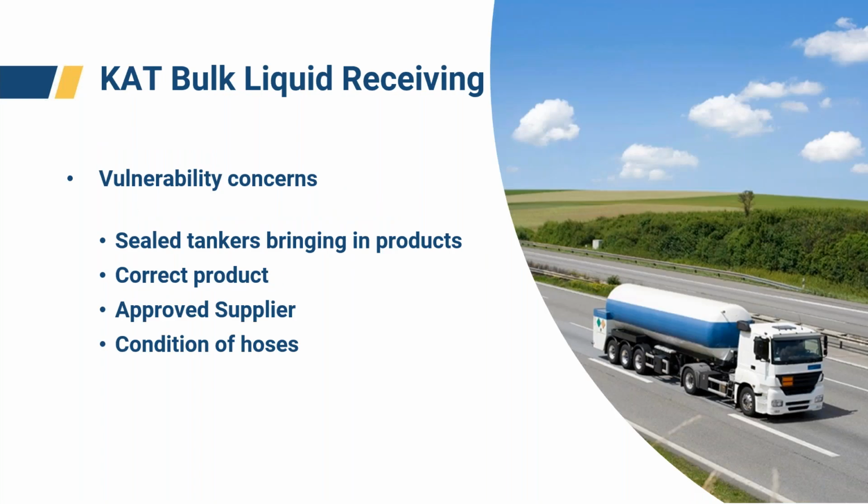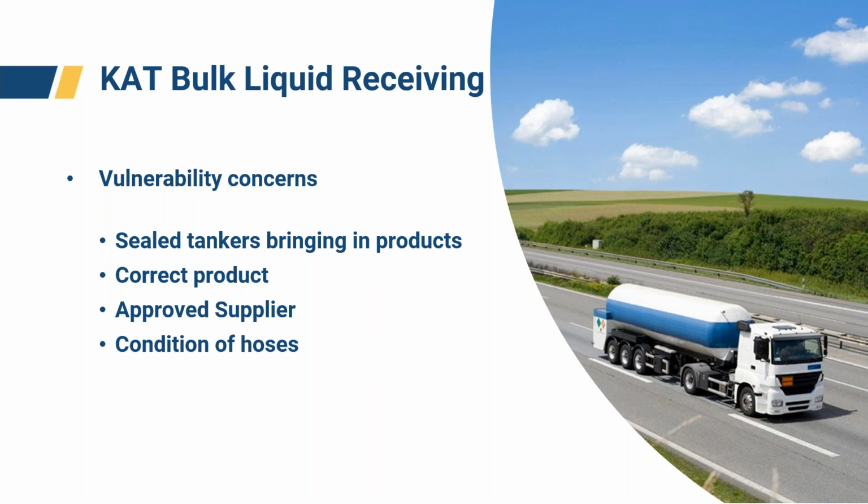Obviously, we're talking about bulk liquid receiving. Your vulnerability concerns could be, but are not limited to the fact that you want sealed tankers bringing in the products, with every one of the inlets and outlets on that tanker sealed, and you have the ability to check that it has not been opened at any time since it left the supplier. Another concern could be that the incorrect product's in there and somebody has put in a product that would then contaminate your silos, contaminate product, and they could be successful that way.